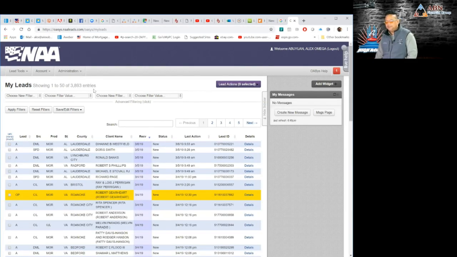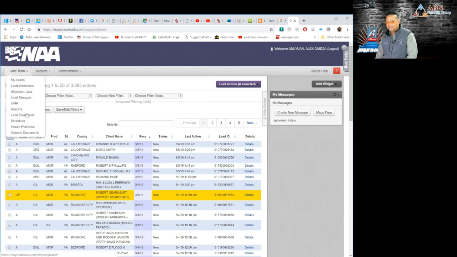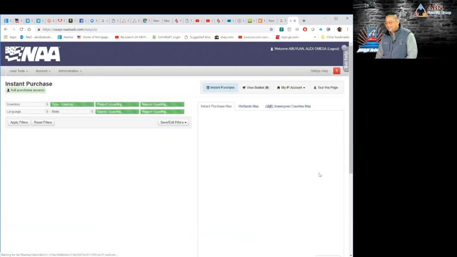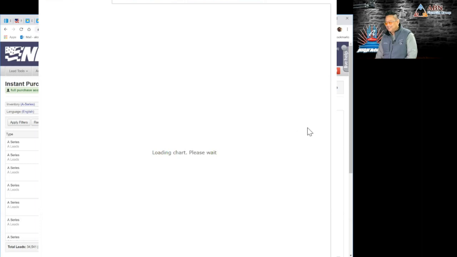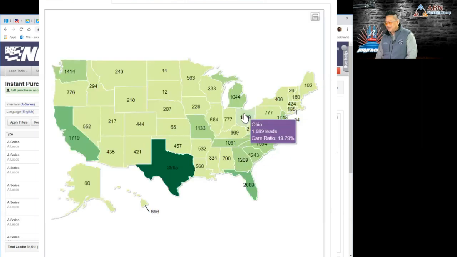So what I'm going to do is, in fact, I always love checking this out. Let's look at our lead map. Let's look in Ohio, where I live.